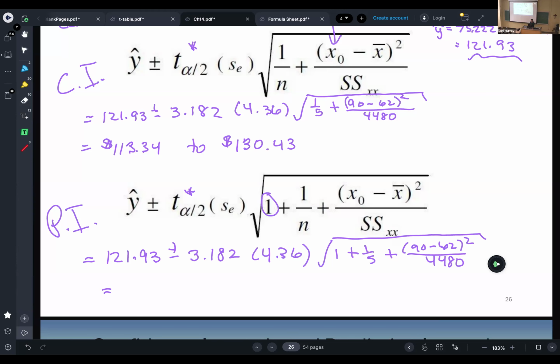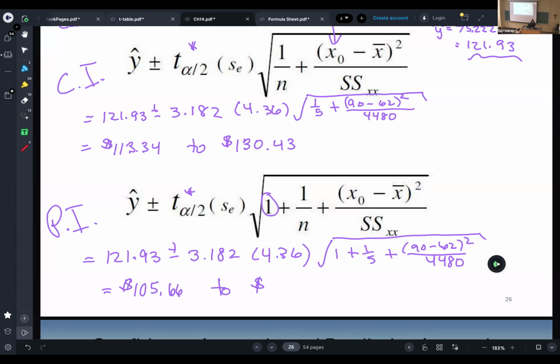It really significantly reduces your rounding error because you're putting it in as one entire piece. And I did so, and I got a lower bound of $105.66. Now we can do the upper bound.